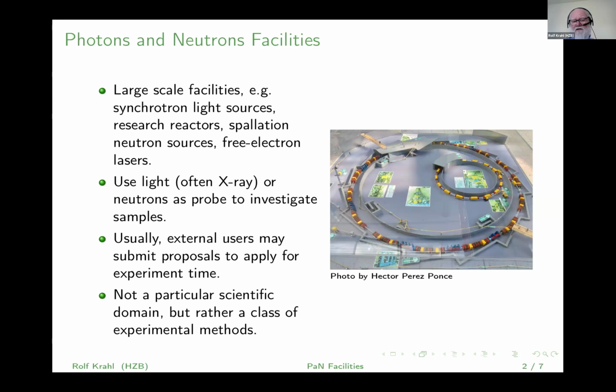Often these are user facilities, so you may submit a proposal for an experiment and apply for experiment time, and then you might be granted access to the facility and run your experiment. One interesting side remark is that this community is not about a particular scientific domain, but rather a class of experimental methods. That means we have research from all the domains in our facilities.